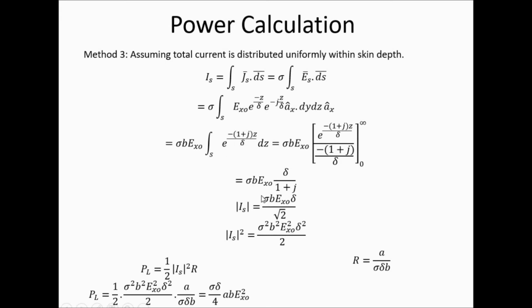We integrate this and we get the expression for I as a b E x0 delta over 1 plus j.